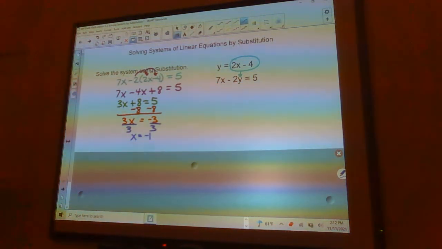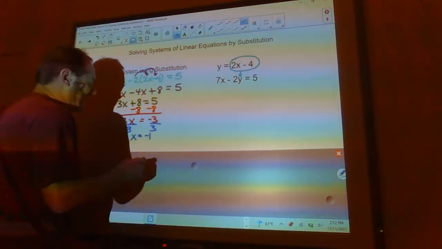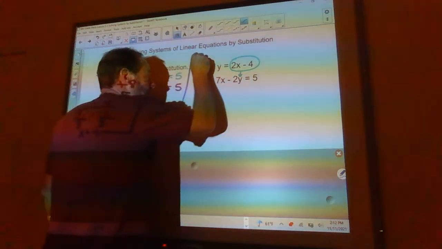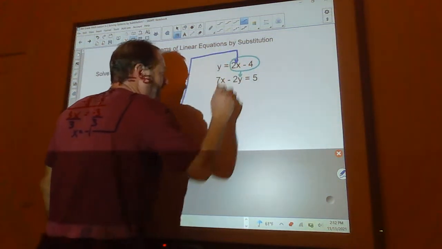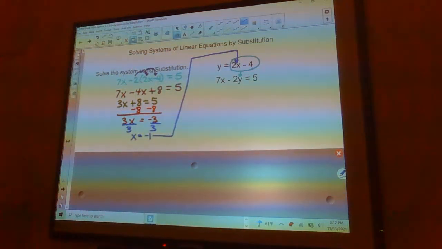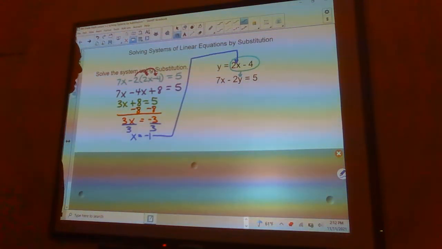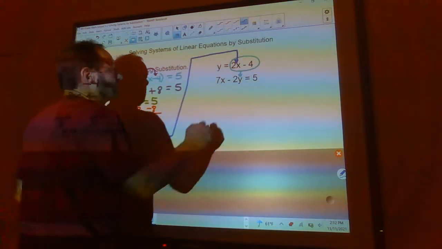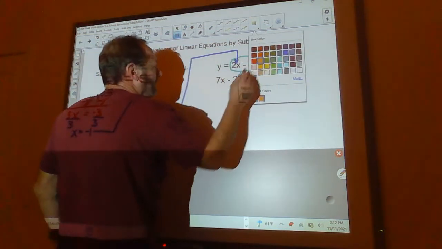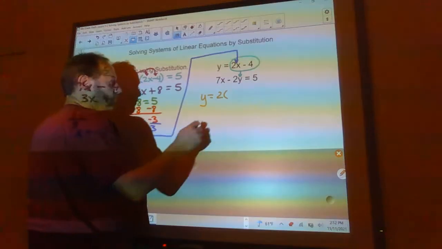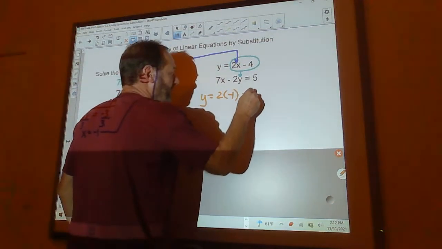Okay. Now I'm not done. Now I know what x is. So I'm going to take x and substitute it back into one of the other equations. I'm going to choose that one because it's already set up. y equals 2 times x minus 4, so it's very simple to do. So I'm going to have y equals 2 times negative 1 minus 4.